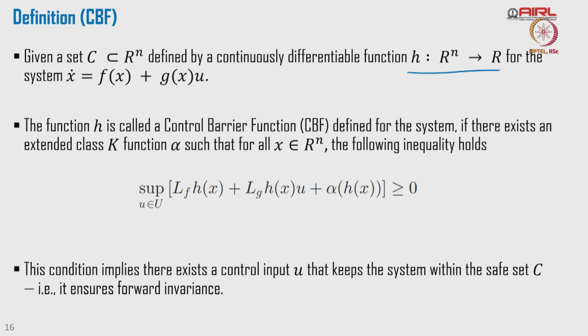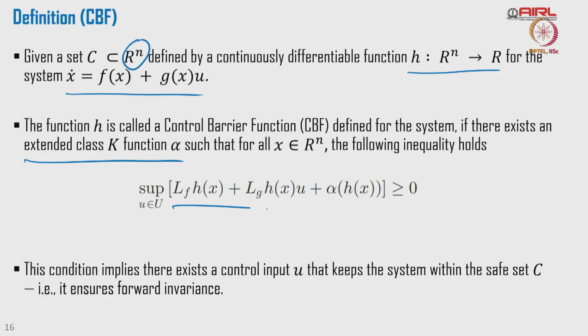Now we say that the function h is called a control barrier function defined for this system if there exists an extended class K function alpha, that means K infinity, such that for all x in this particular set the following inequality holds: L_f h(x) plus L_g h(x) u plus alpha(h(x)) is greater than or equal to 0.